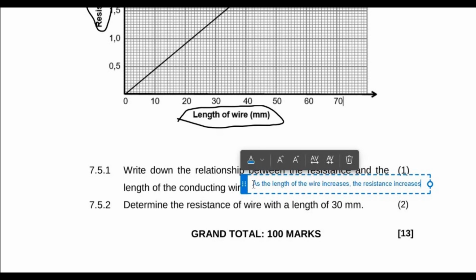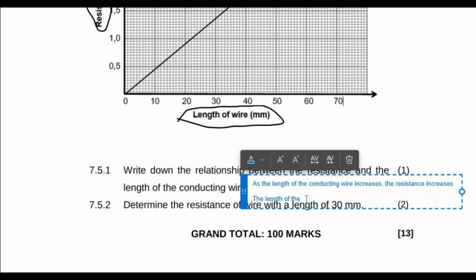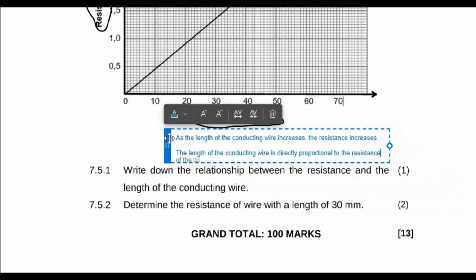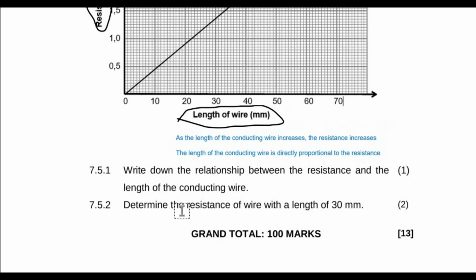Or somebody might say the length of the conducting wire is directly proportional to the resistance. Right? So you get your 1 mark.